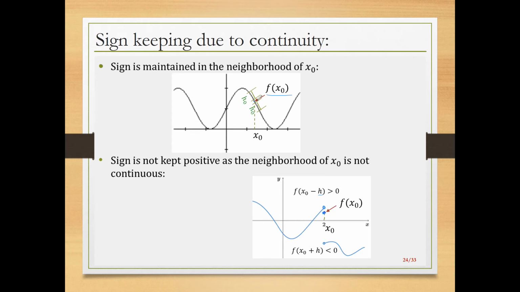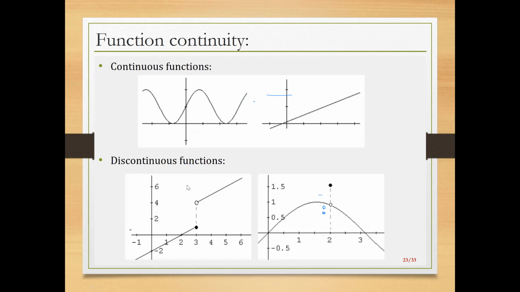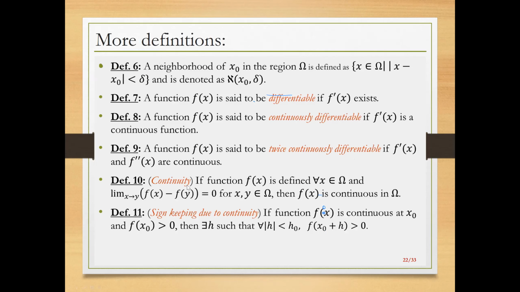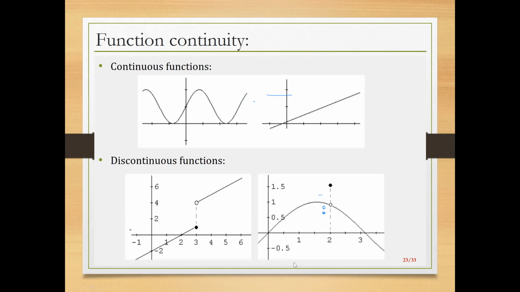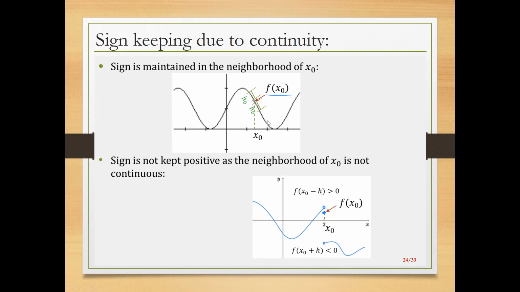But in a continuous function, given the value of x, you can always guarantee that this is true. Okay. Also keep in mind that you may ask me, what happens if this function went down here and I take x to be here? Then one neighborhood would be negative, one positive.